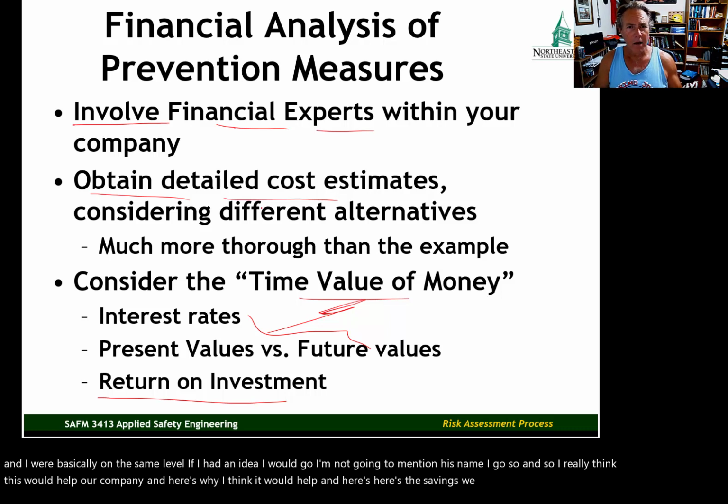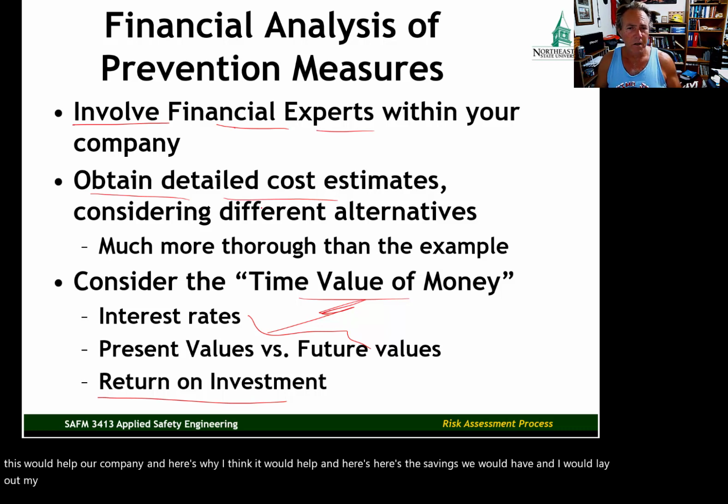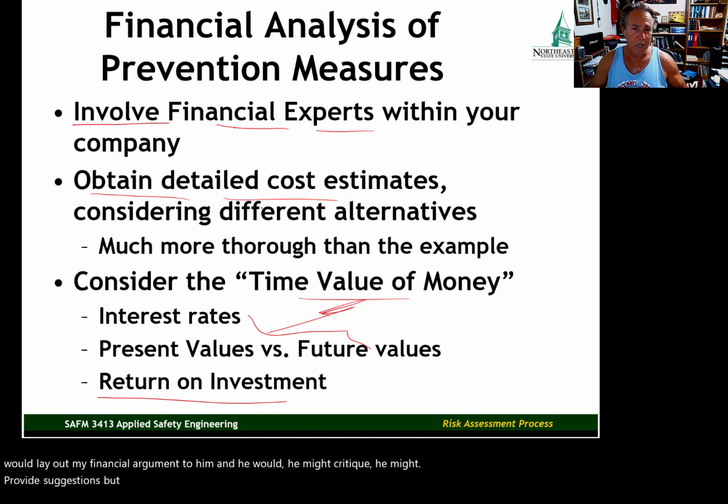I would lay out my financial argument to him, and he might critique it, he might provide suggestions, but generally speaking, he would end up being on my side, and we would take our proposal to the ownership of the company.